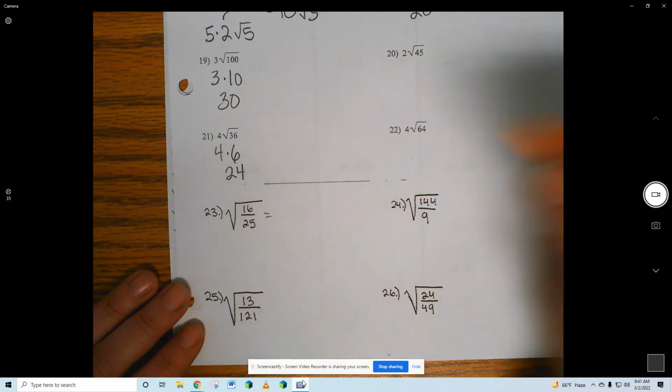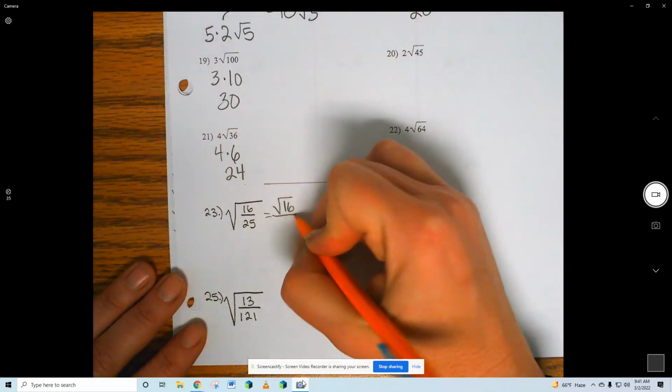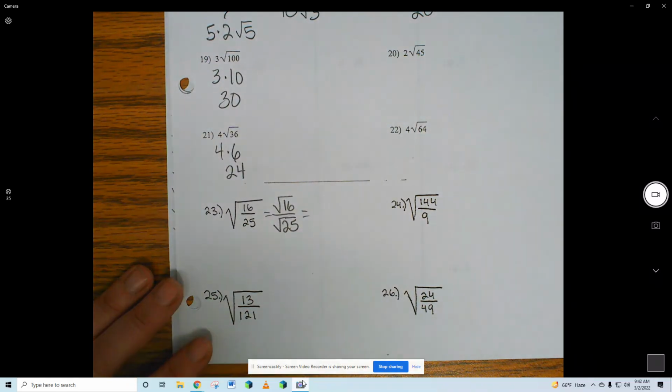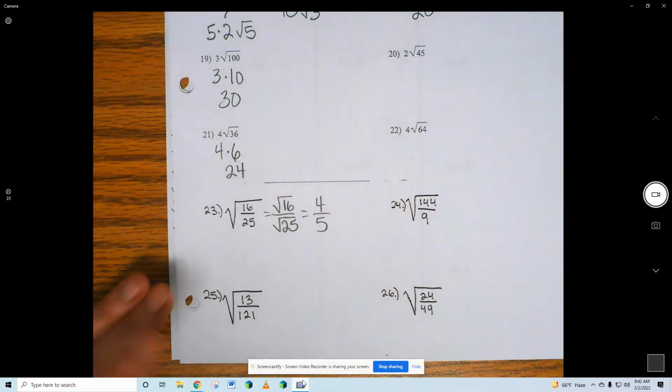23. They're both perfect squares. So I can split them up, but if you already know they're perfect squares, you can just write 4/5.